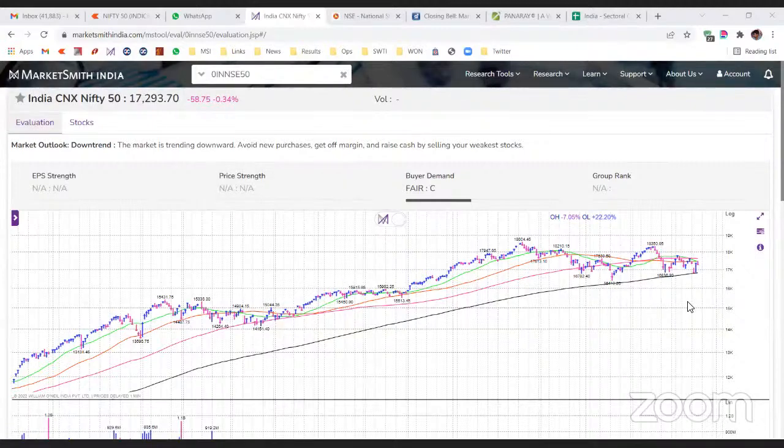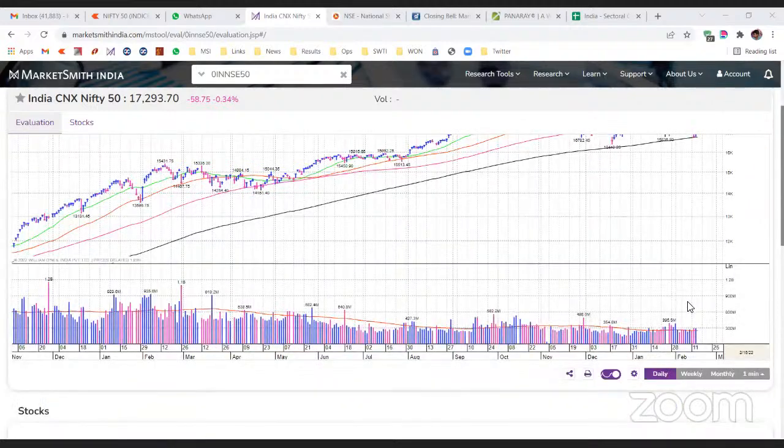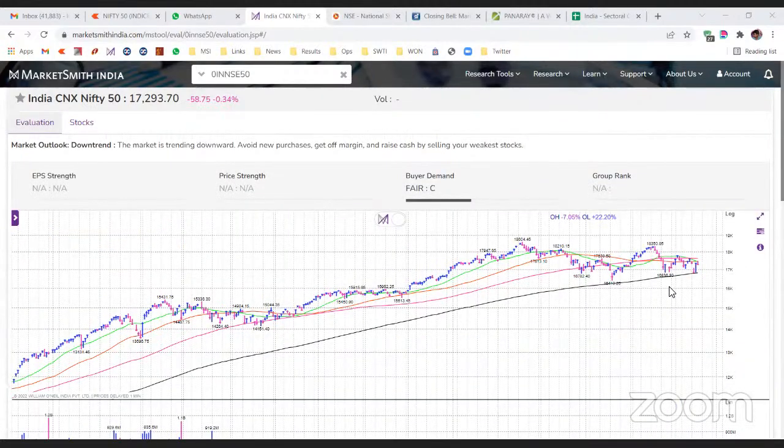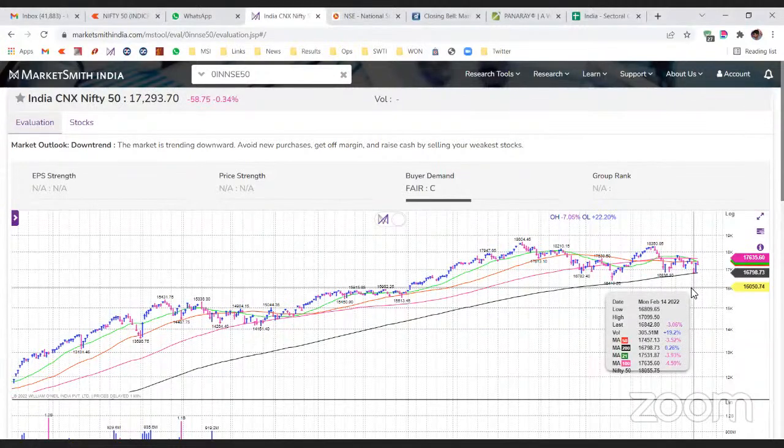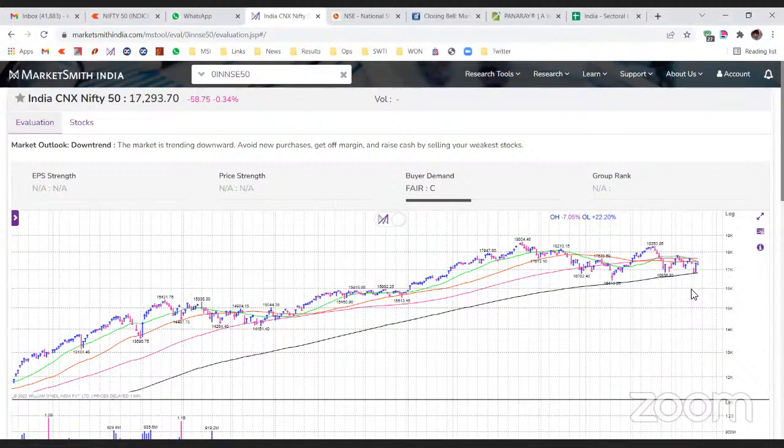As you can see, this is the Nifty's daily chart, MarketSmith India's chart. On Monday, Nifty gapped down and closed 3.1% lower, and it touched almost its 200 EMA for the first time in the last 1 year.